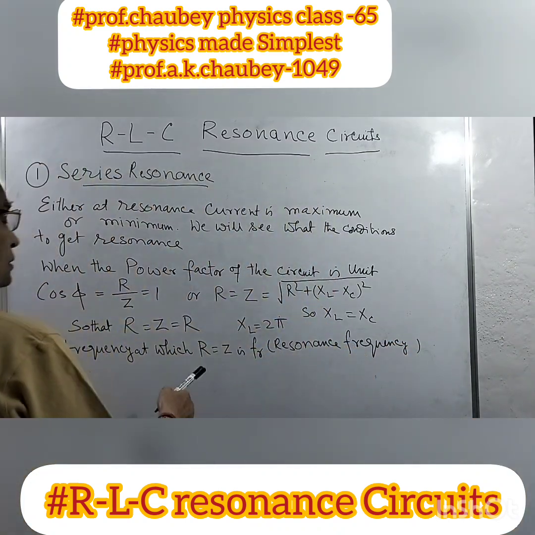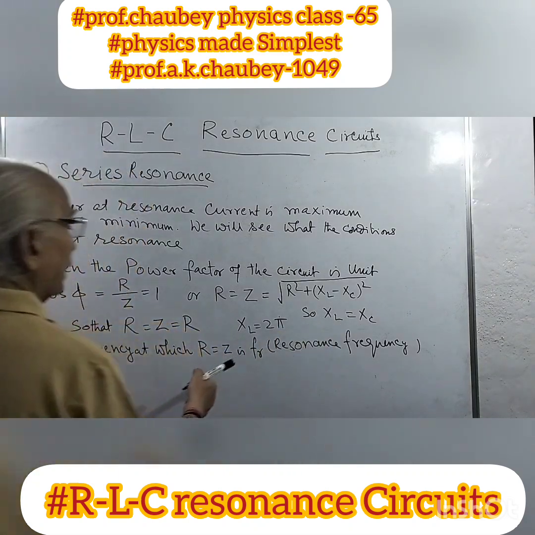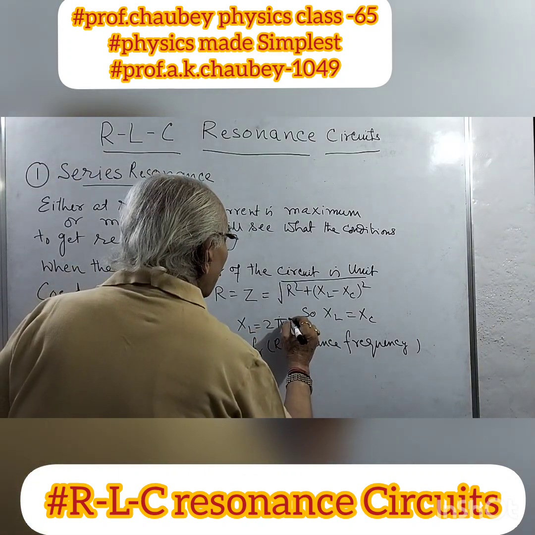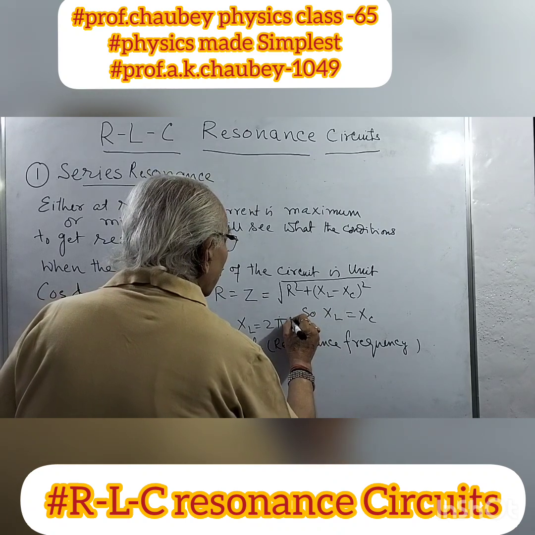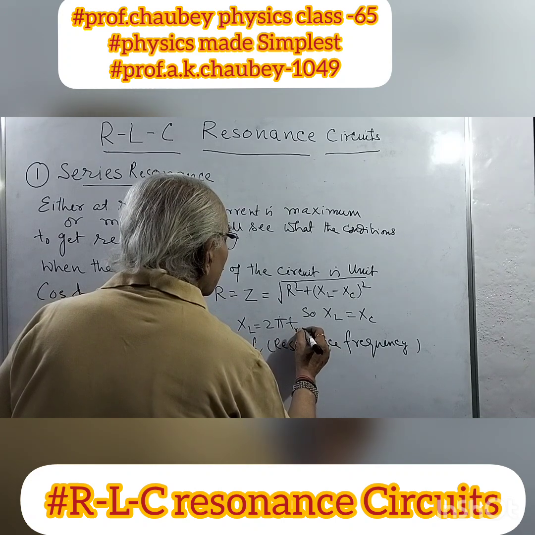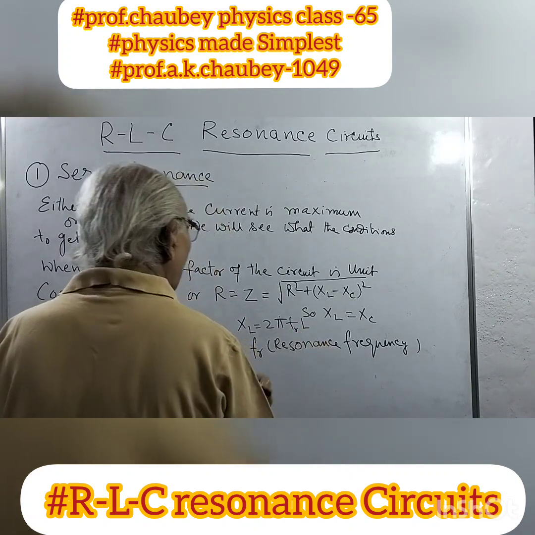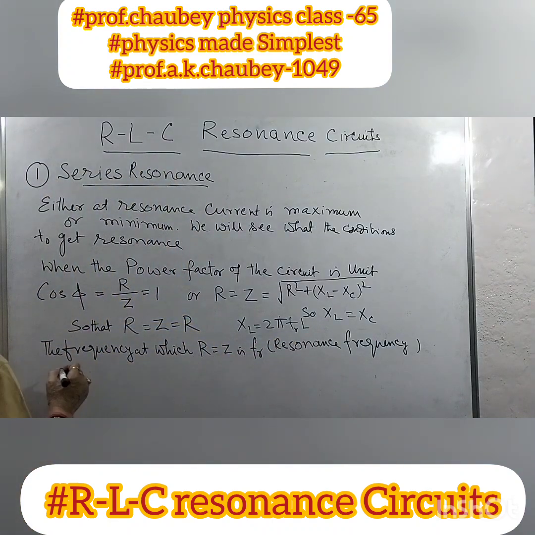So R equal to Z means XL is equal to XC. XL is equal to omega L, or 2 pi FR L, where FR is the resonance frequency. And XC is 1 over 2 pi FR into C.